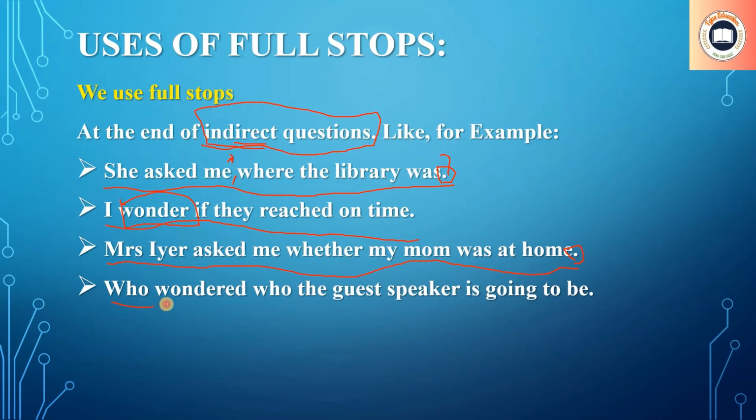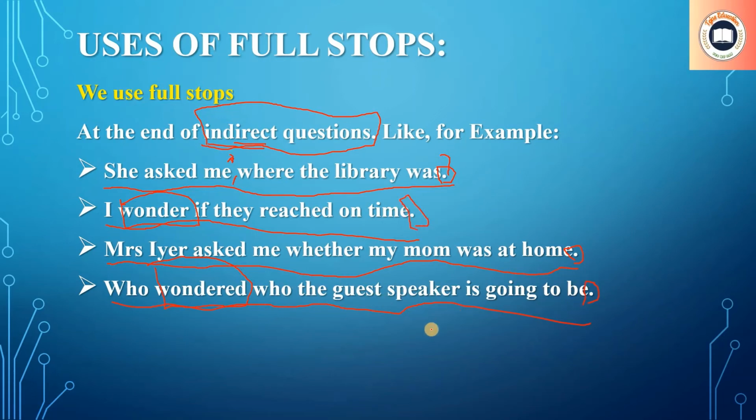Now the final sentence. Finally, who wondered who the guest speaker is going to be? You might think that this is a question by seeing the word wonder. But it is actually an indirect question. So an indirect question always ends with a full stop.